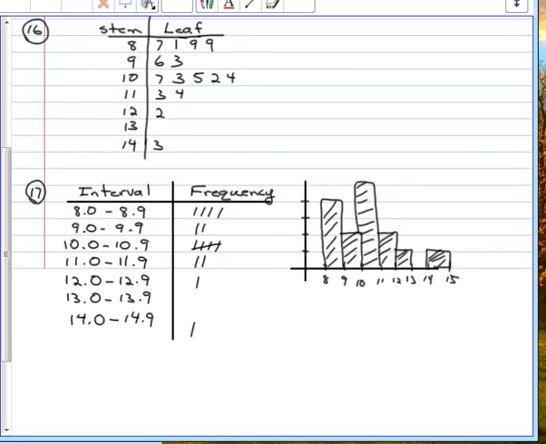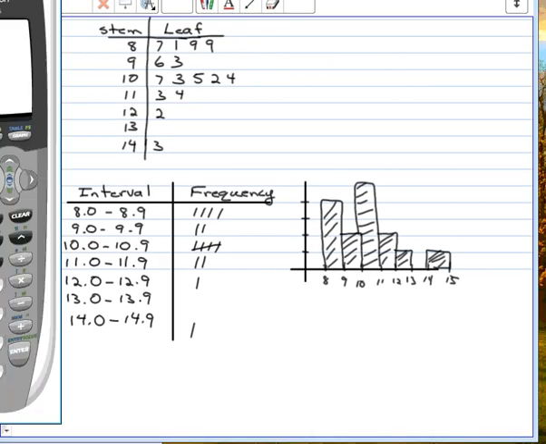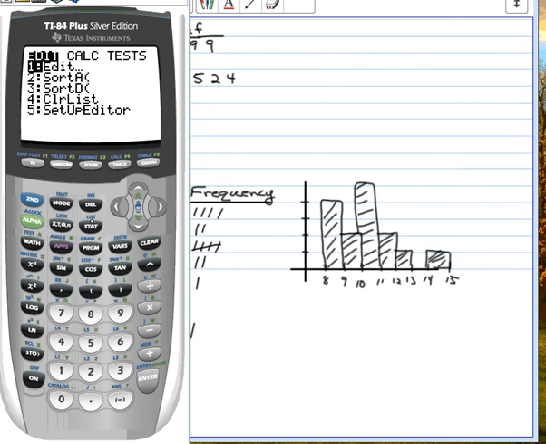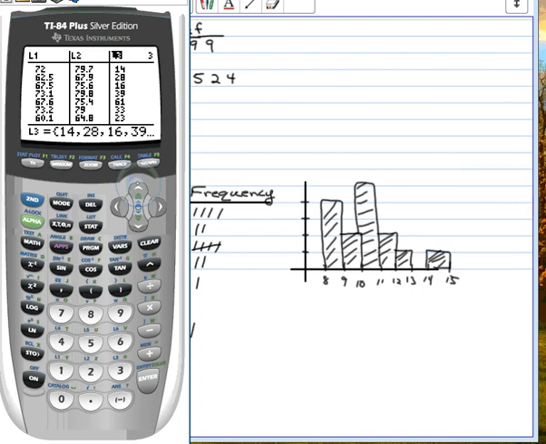Well, here we go in the calculator. Stat. I'm going to clear out.